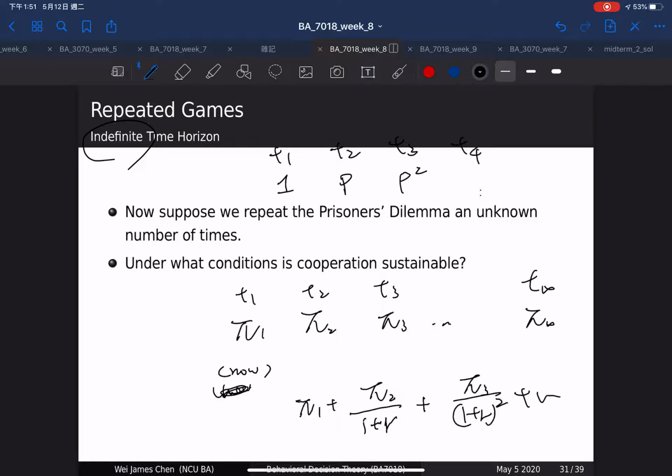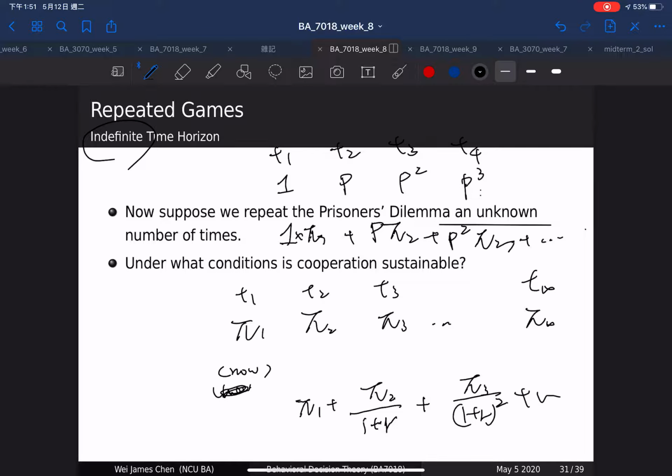So t4 is p to the power of 3. And so if I'm talking about expected payoff, I need to use the following formula. 1 times pi 1, because I will for sure get pi 1, but I will only have a probability p of getting pi 2, and then probability p to the power of 2 of getting pi 3, and so on.